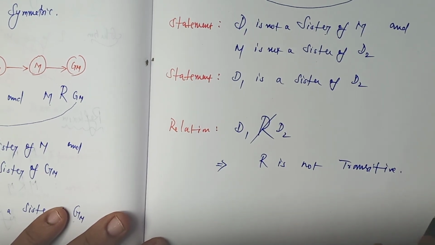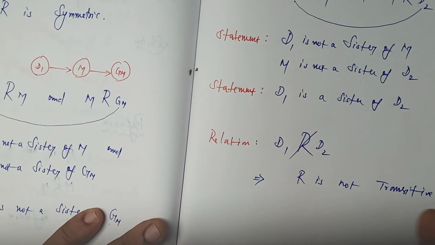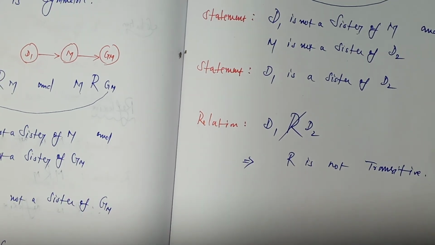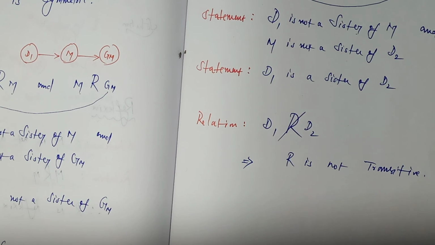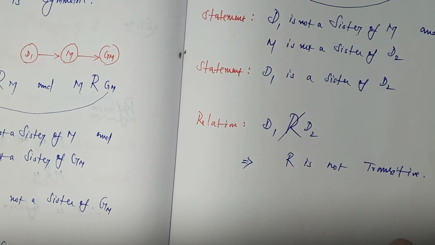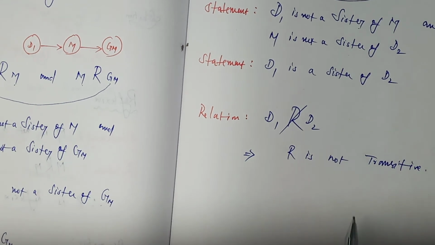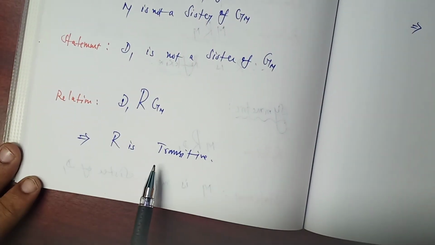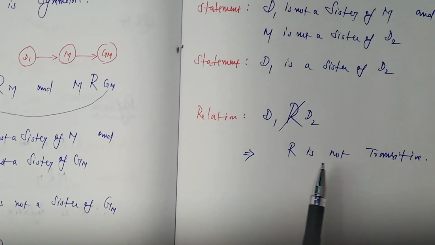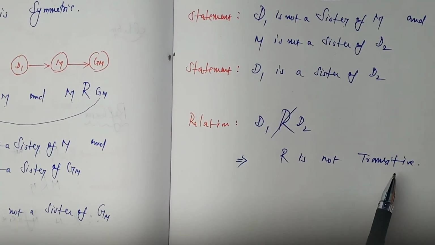Already I told you, in any one of the cases, if we prove R is not transitive, the final result is not transitive only. Even though in case 1 R is transitive, we have proved R is not transitive in case 2.